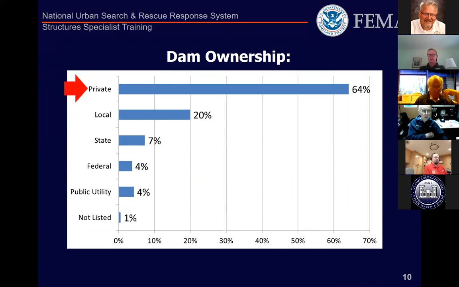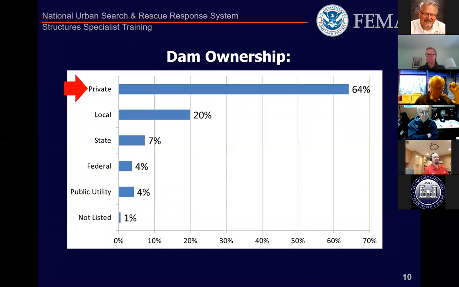Like I said, when we look at ownership, it's the private dams that are of concern. There's 64%. That's a very large percentage of them. The federal government only owns 4%, and that's primarily the Corps and the Bureau of Rec. You have some local dams at 20%, and the local and state dams are more water supply and a little bit of recreation.